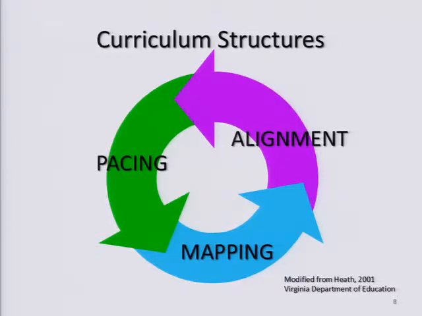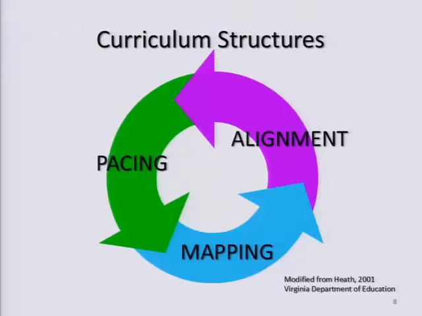There is such a thing as pacing. Sorry, I'm pressing the wrong button all the time. So you know that there's such a thing as pacing. Pacing is basically organizing and getting to understand exactly what it is that you want within your curriculum. You map what you're actually teaching.